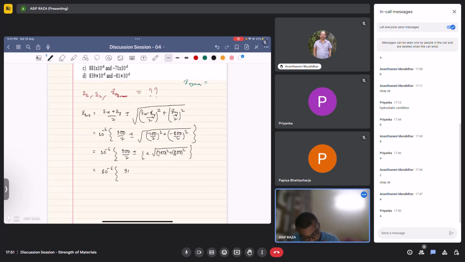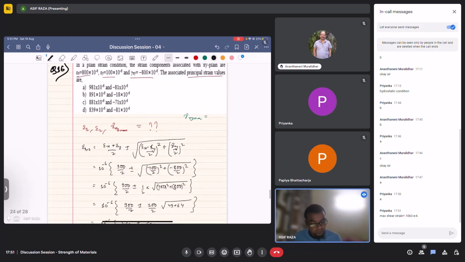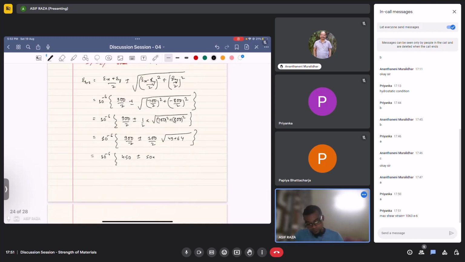Okay, 900 by 2 plus minus 100 by 2. Okay, maximum shear strain is 1063 into 10 to the minus 6.